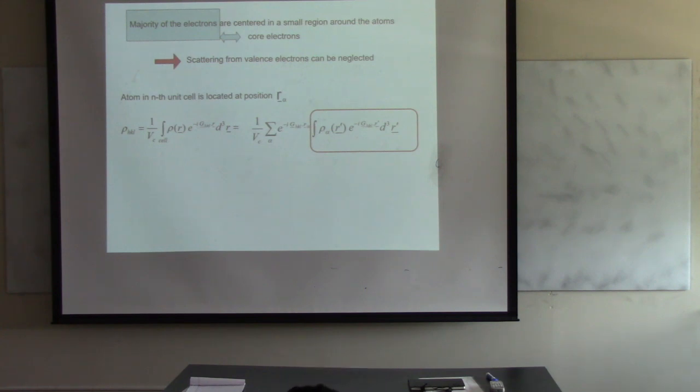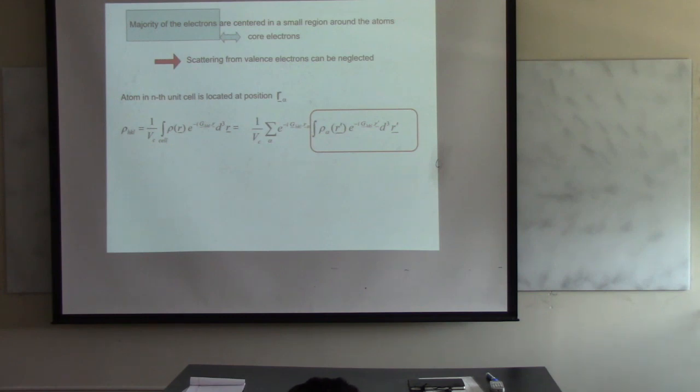I can write this as e^(-iG·R) times e^(-iG·r'), right? So that means I can write this sum over alpha as e^(-iG·R_alpha).